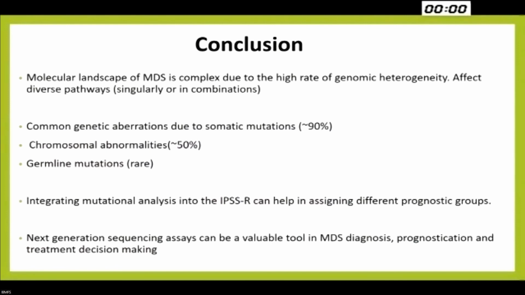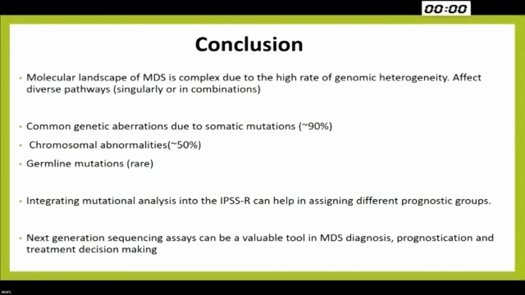Germline mutations are quite rare, but not uncommon. So in the appropriate situation, particularly in situations of sibling transplantation, you must look for germline mutation in pediatric MDS. Integrating the mutational analysis into the IPSS will probably happen.